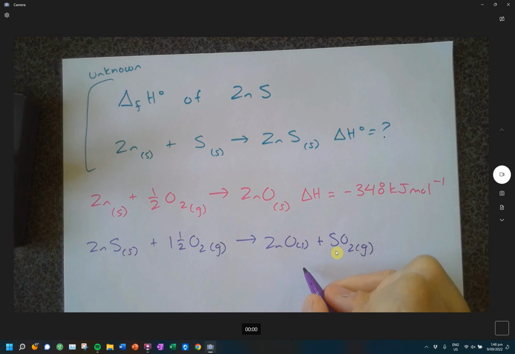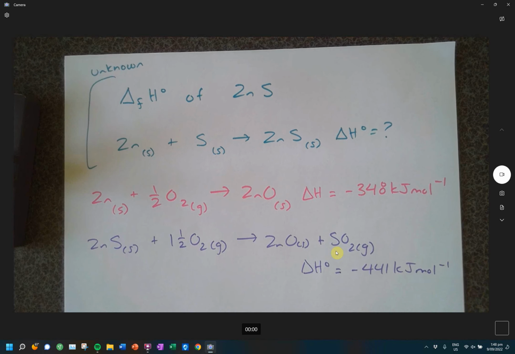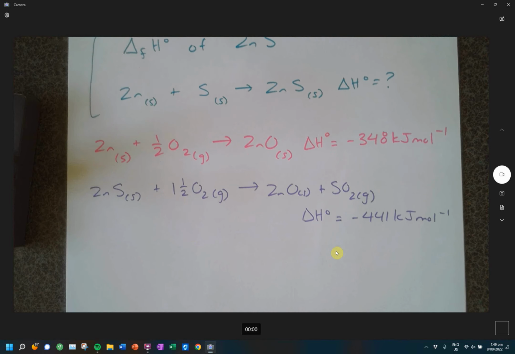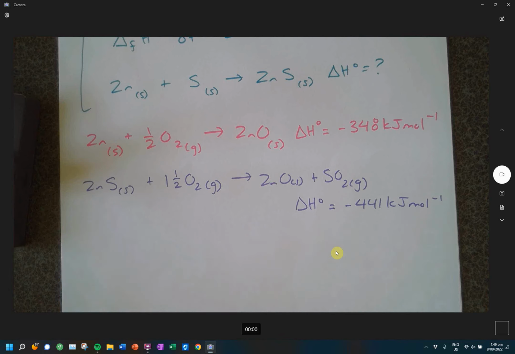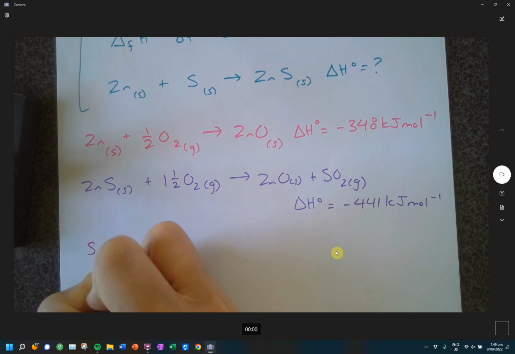That delta H value is negative 441 kilojoules per mole. So they're giving me that as my second equation. For my third equation, they have given me the combustion of sulfur, or you can say the formation of sulfur dioxide, both correct terminologies.